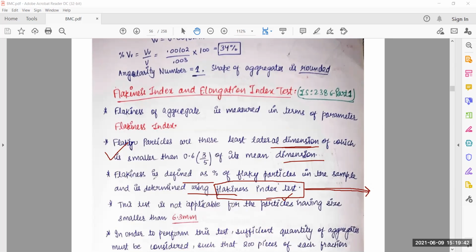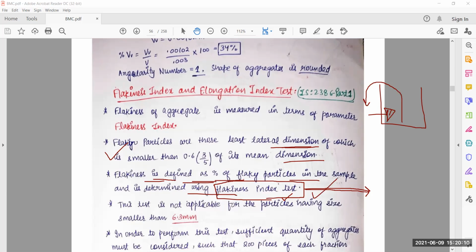Flakiness is defined as percentage of flaky particles in the sample. You take this much of sample, and in this sample the percentage of flaky particles defines flakiness, which is determined by the flakiness index test.